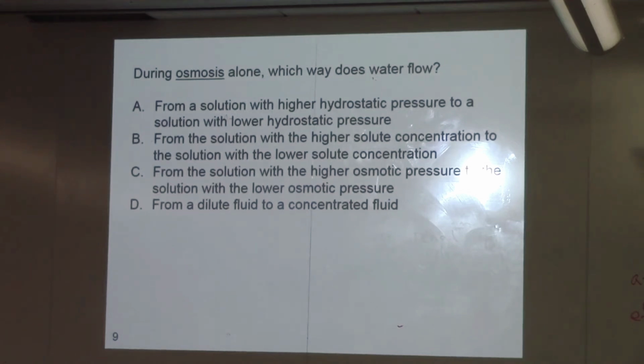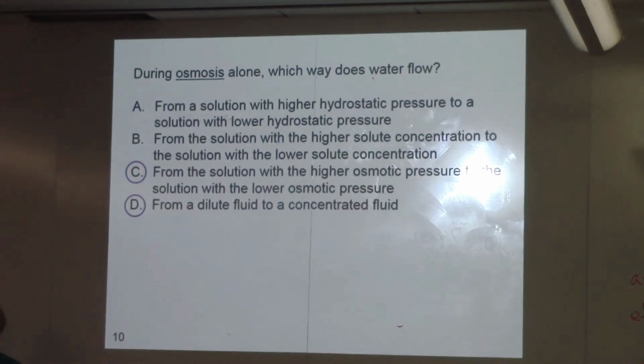Which way does water flow? Yes, so D is the obvious answer, and it turns out C is also correct.